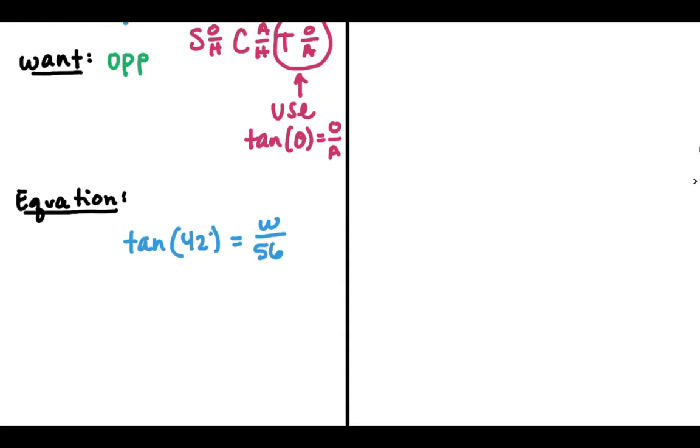And before we start on that, let's deal with this kind of obnoxious tangent of 42. Let's turn this into a number. To do that, we're going to use the calculator.